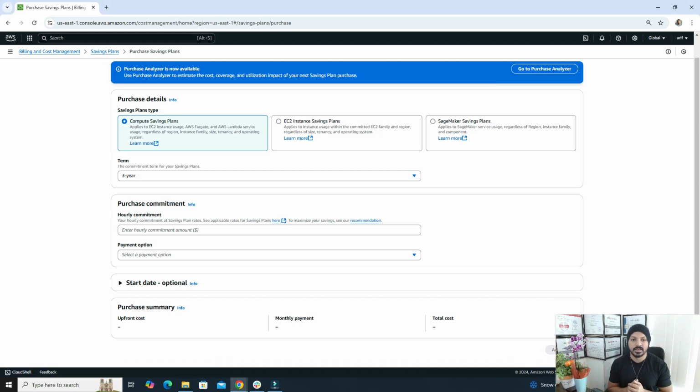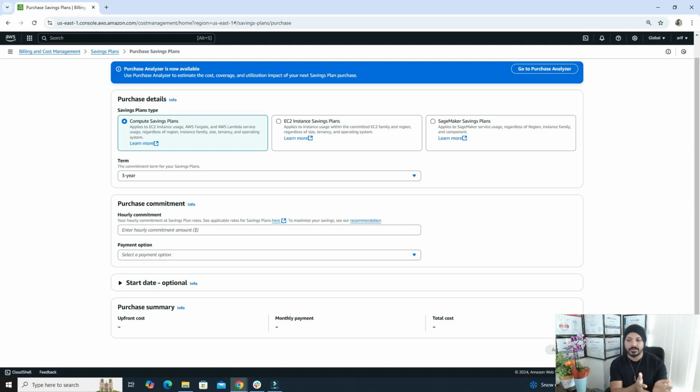I feel like big and mid-sized organizations run tons of compute resources. They have a lot of EC2 servers, a lot of Lambda functions, a lot of ECS Fargate. So pretty much they're paying on an on-demand basis. If you join the company and suggest to them, hey, we can reduce the cost by up to 50%, up to 70% using the savings plan, and all you need to do is purchase a savings plan with a commitment, that's it.